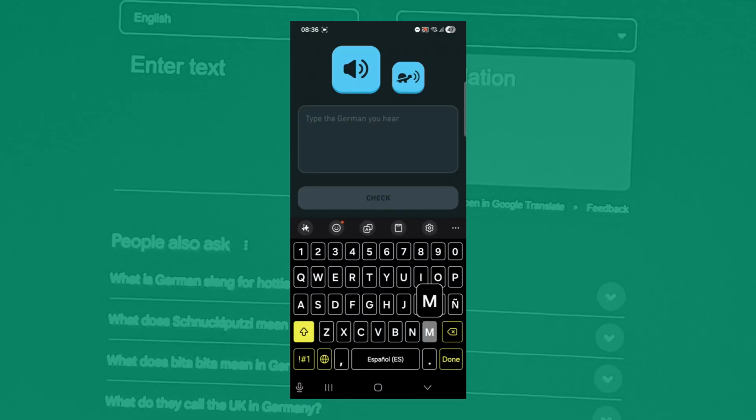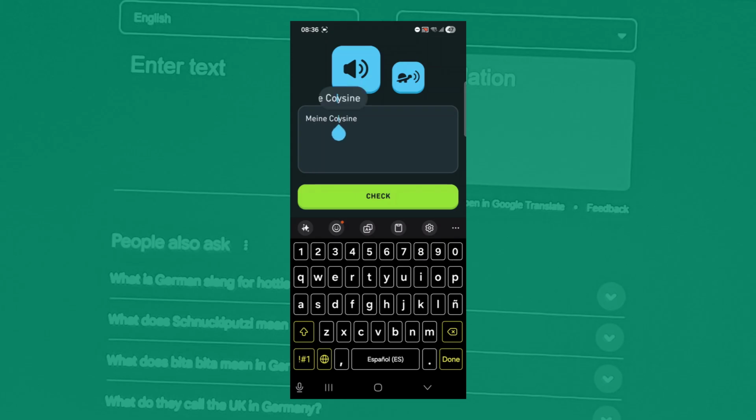Meine Cousine hat ein Baby bekommen. I always hit the wrong keys on this tiny keyboard.